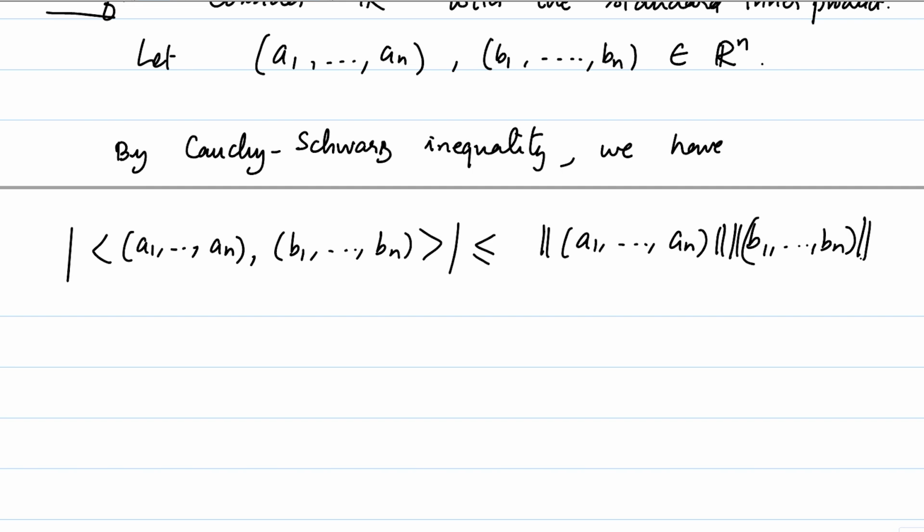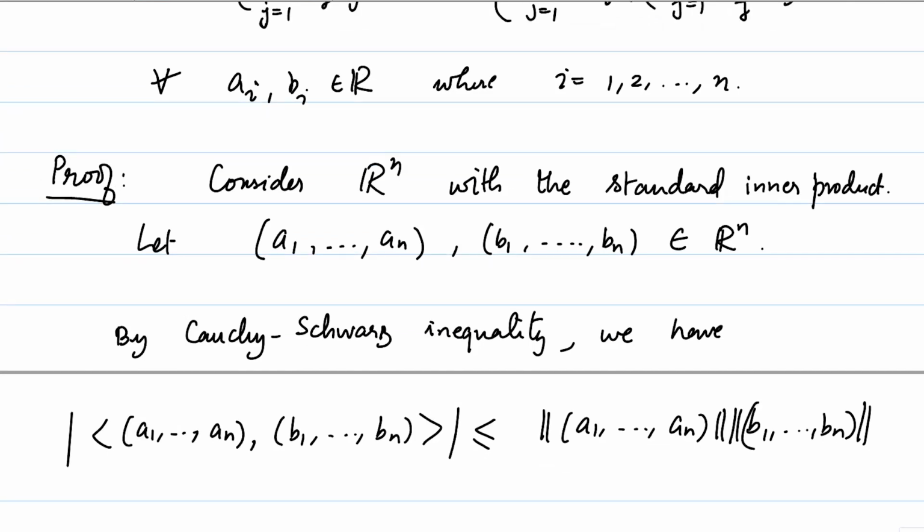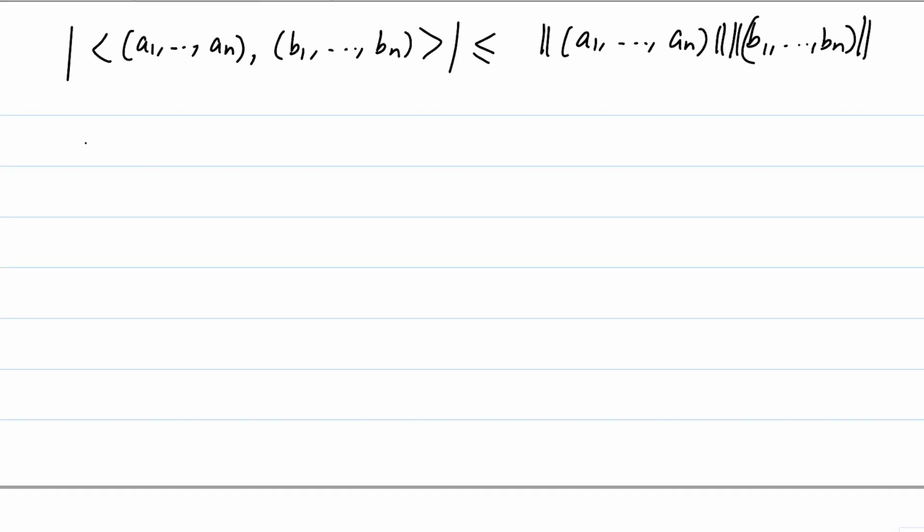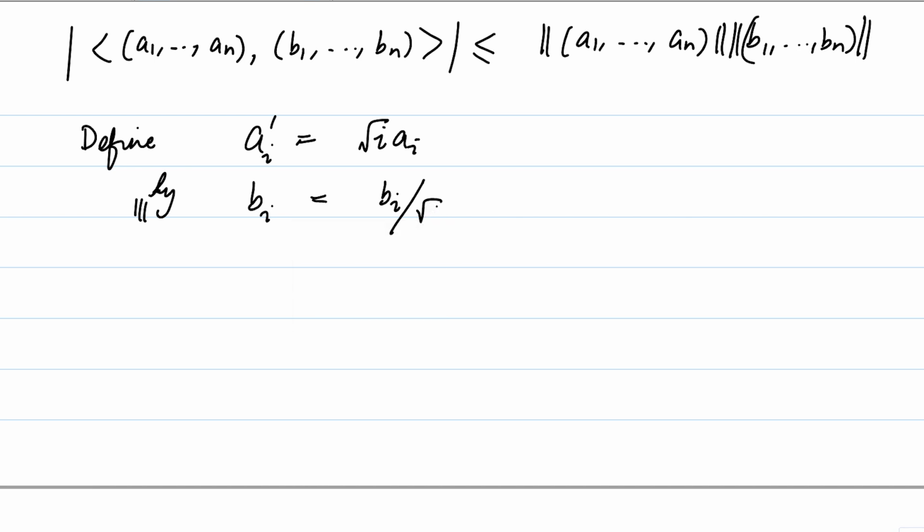But we'll do a slight tweaking here. Let's now define ai prime to be equal to the square root of i times ai. Similarly, bi prime to be equal to bi by the square root of i.